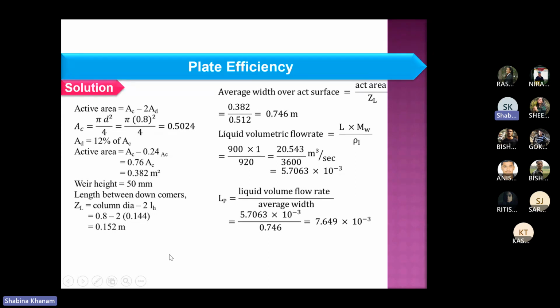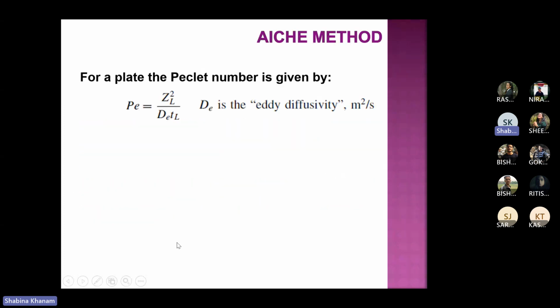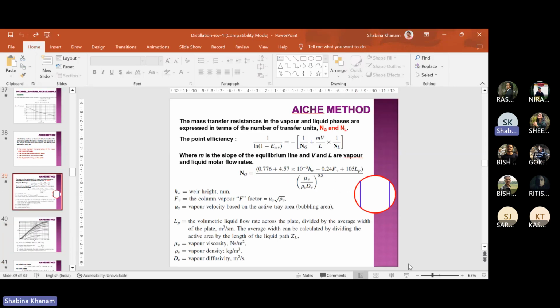Now next we need to find ZL, because ZL is required to find capital LP. So ZL is basically the length of the liquid path, and that is from the inlet downcomer to the outlet weir. So that is column diameter minus 2 Lh. What is this Lh?